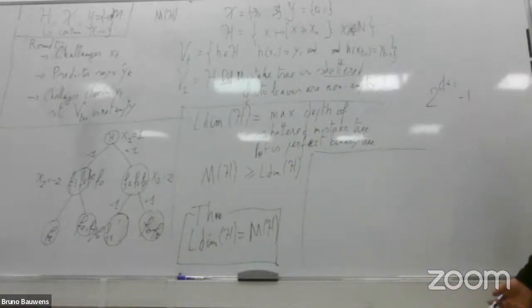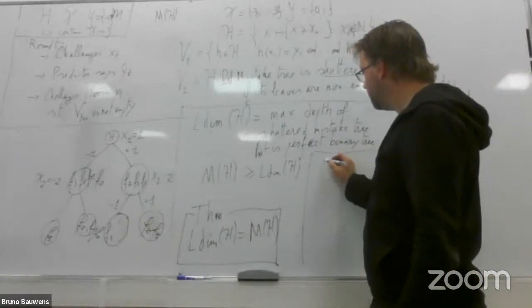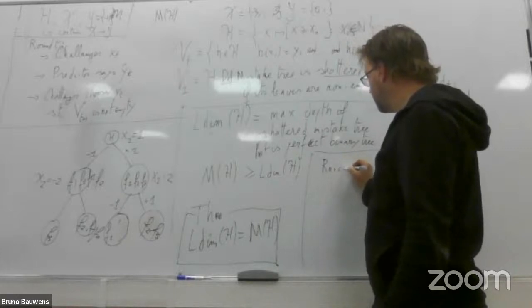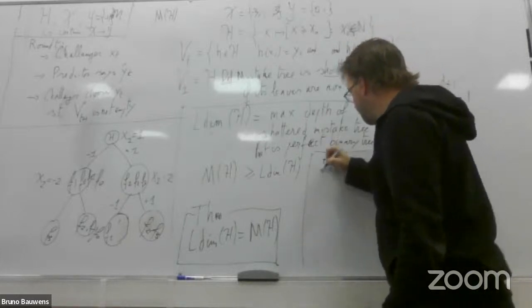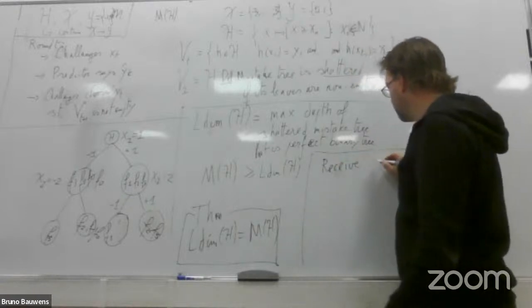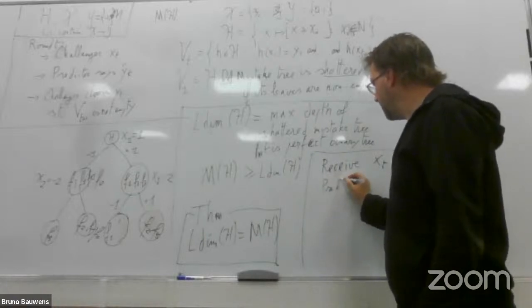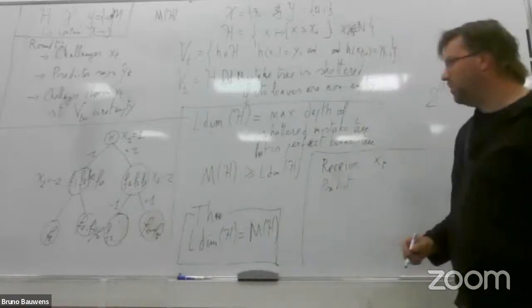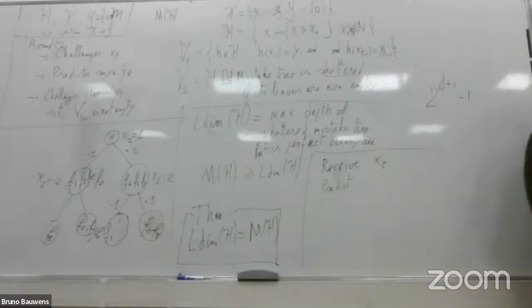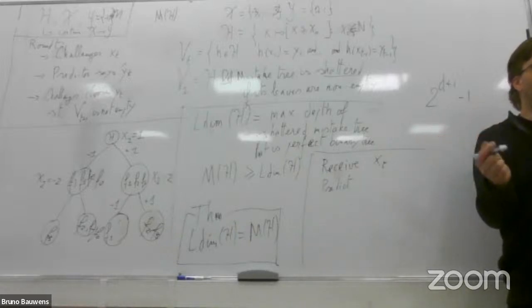So what is the strategy? The strategy is: we receive xt, then we predict a label that, if it's true, transforms the version space to the one with the largest Littlestone dimension.